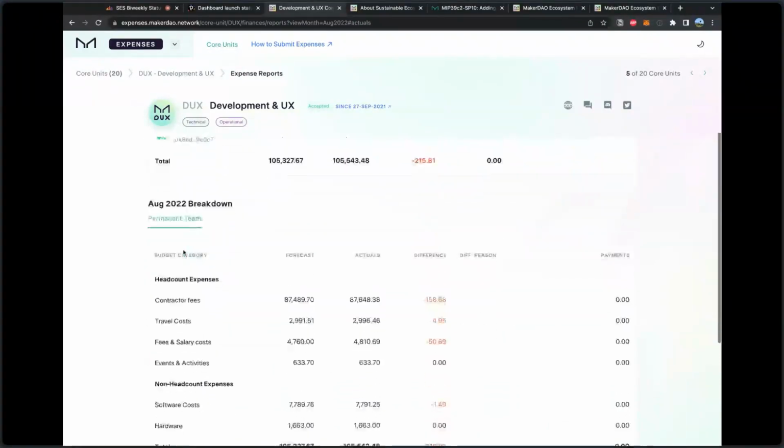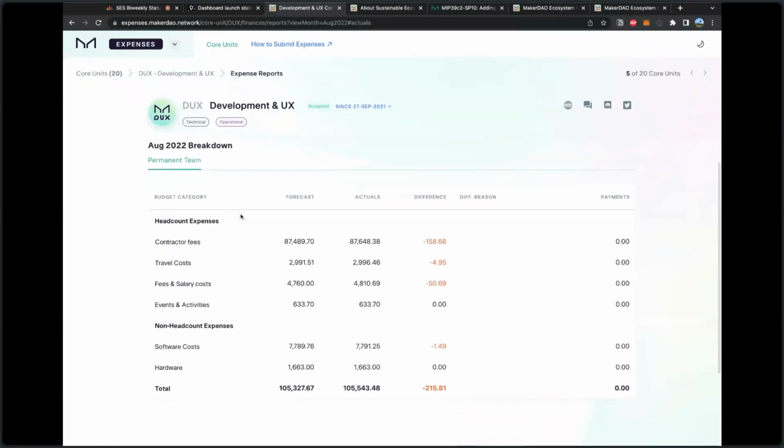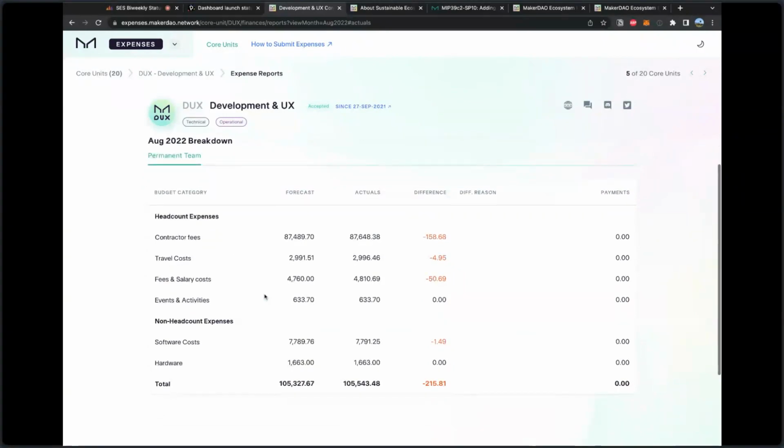If we move down on the page, we can even see at a more granular level what money has been spent on. It's broken out into two main categories, headcount expenses and non-headcount expenses. Again, we can start to see a granular view of the expenses within the DAO, specifically at the core unit level, which is quite useful.